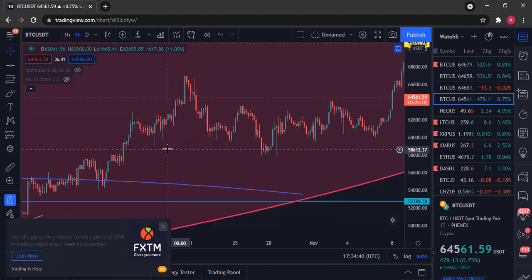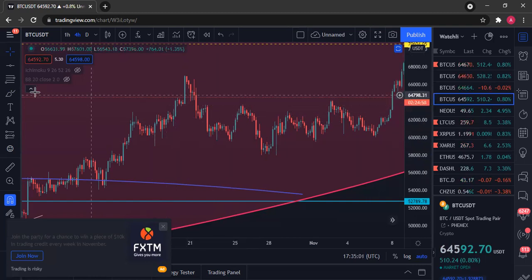But when you only have one touch, especially in terms of recency, you have to watch out for the formation of the candlestick in that region to know whether the price is going to break that particular level, or is going to move up from that particular level.